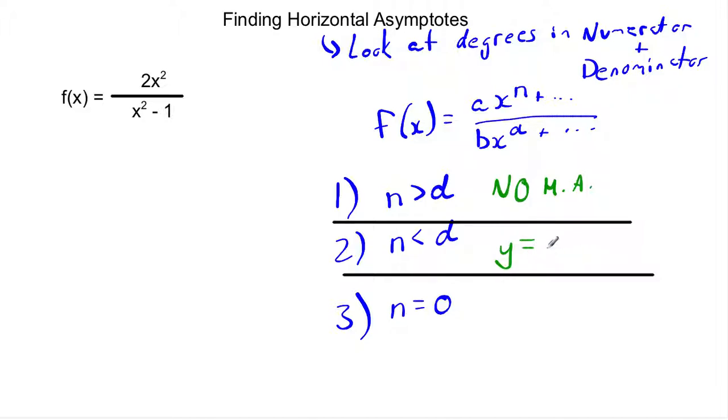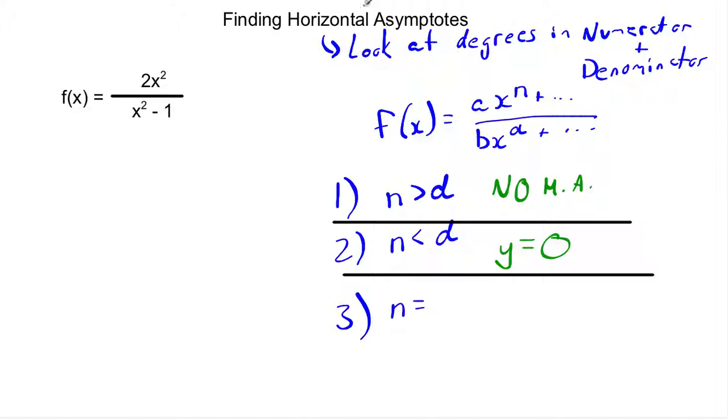So it's going to be y is equal to 0, always. No matter what the values of d and n are, if the degree in the denominator is larger than the degree in the numerator, there's a horizontal asymptote at y is equal to 0.